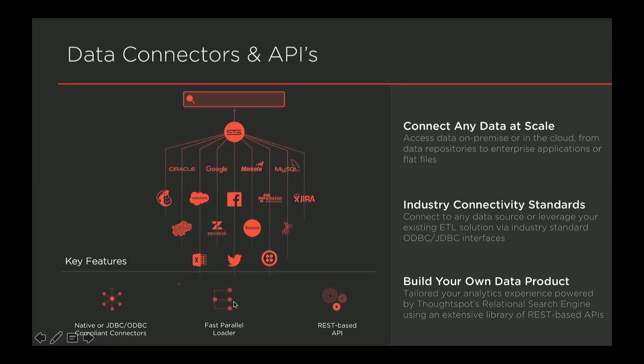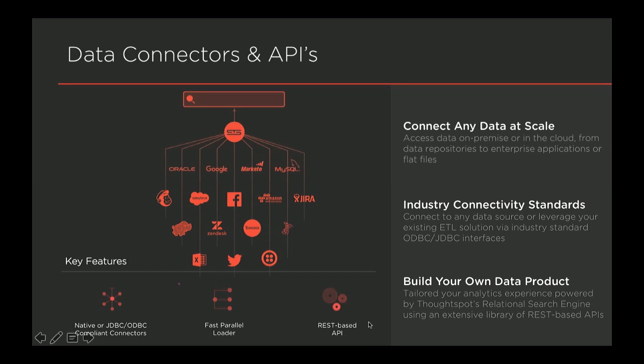The other means that we have here is a fast parallel loader, because we do understand that there's going to be a lot of data that you want to cache within ThoughtSpot, and so we have a fast parallel loader that operates at bringing in data at 1 terabyte an hour, and allows users to ask those questions as soon as the data is brought in and indexed within ThoughtSpot.